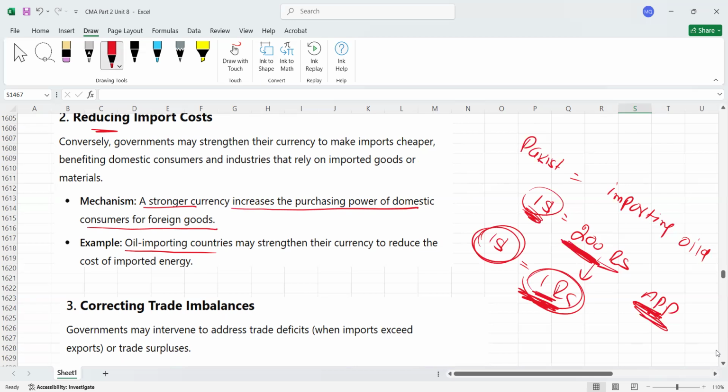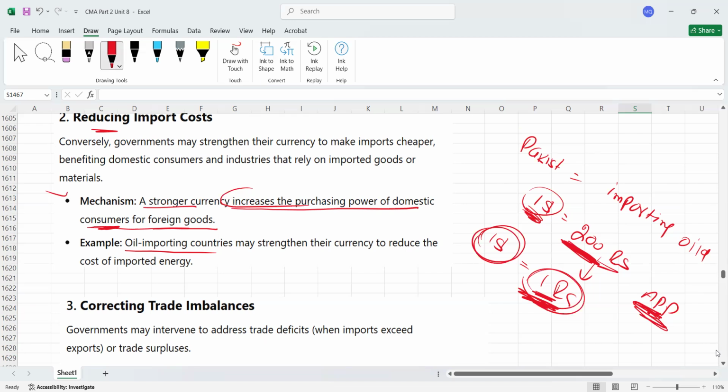If you appreciate your own currency, what will happen? It will increase the purchasing power of domestic consumers, like Pakistani consumers, for foreign goods. Understood? I hope it is clear, right? So you can remember this point so far. Next I'll try to explain the question, otherwise it will be complicated.